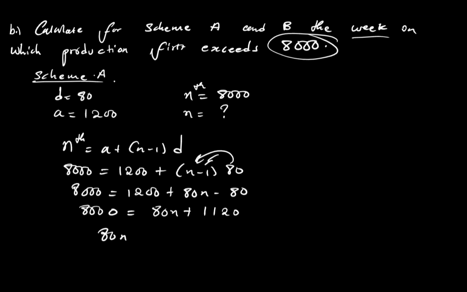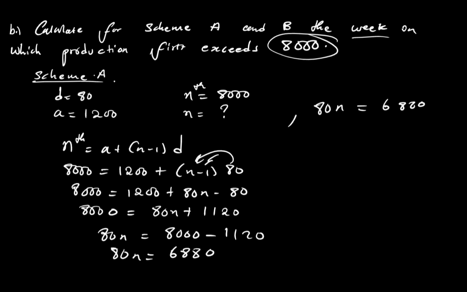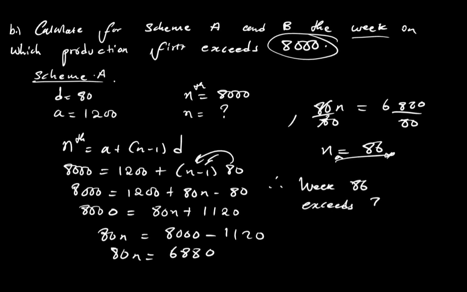So 80n is equal to 8,000 minus 1,120. So 80n is going to be equivalent to 6,880. So 80n being equal to 6,880, you can divide by 80, and you have n being equal to 86. Therefore, we could say that week 86 exceeds 8,000. Just like that.